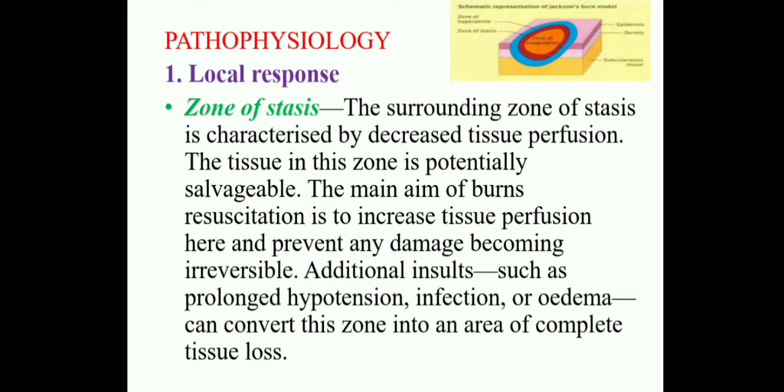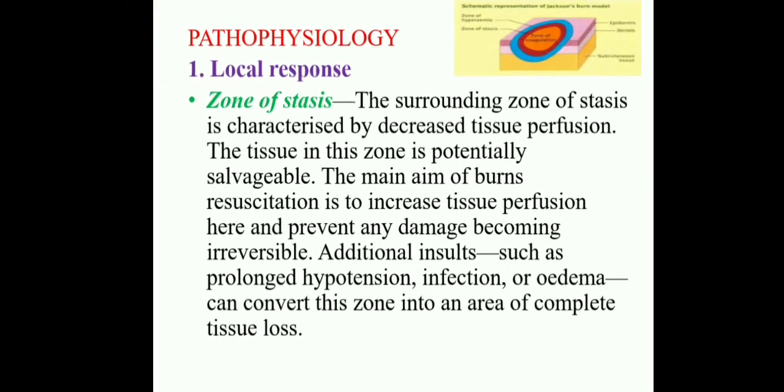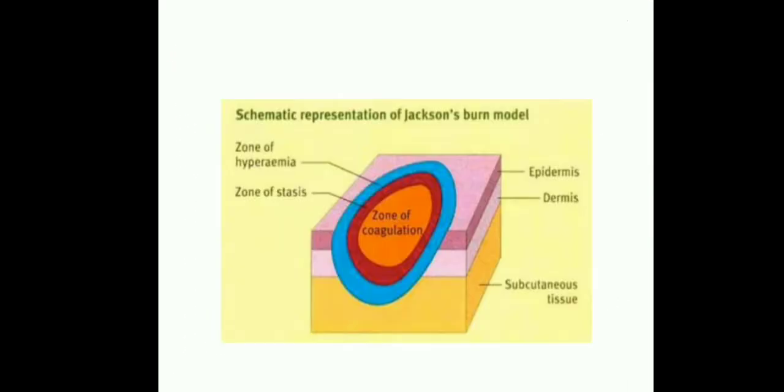Here the intracellular fluid and extracellular fluid have some damage. Okay, this is about the local response of the zone of stasis. Look at this, here it has the zone of hyperemia and then the zone of stasis.